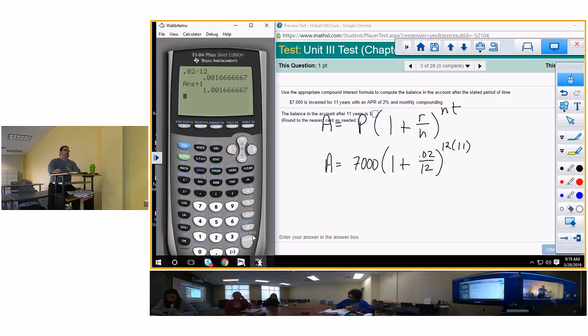I do know what it is, but if I didn't, I'm going to raise it to parentheses 12 times 11, close parentheses. That's something you can do when you have big numbers and you don't want to take the time and do it separately on your calculator. Just remember to add the parentheses.